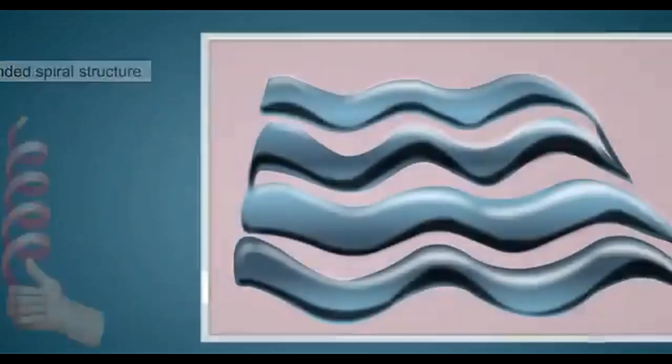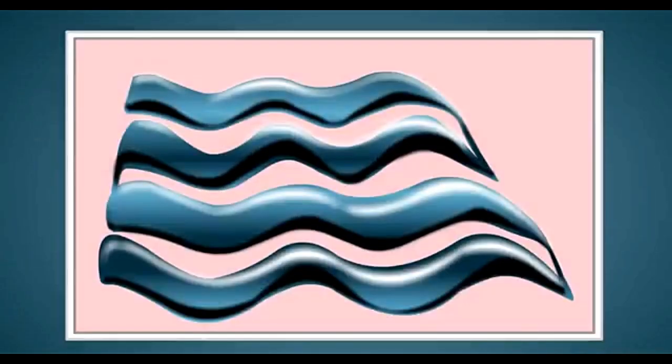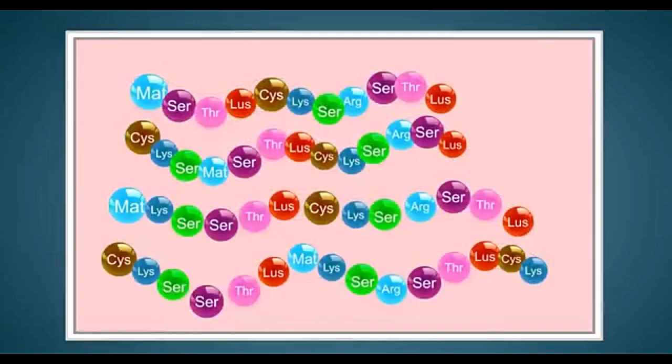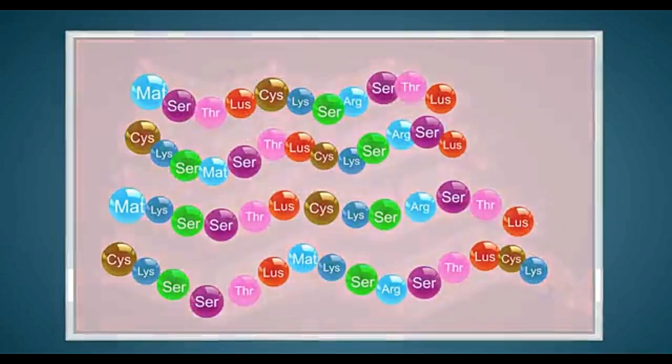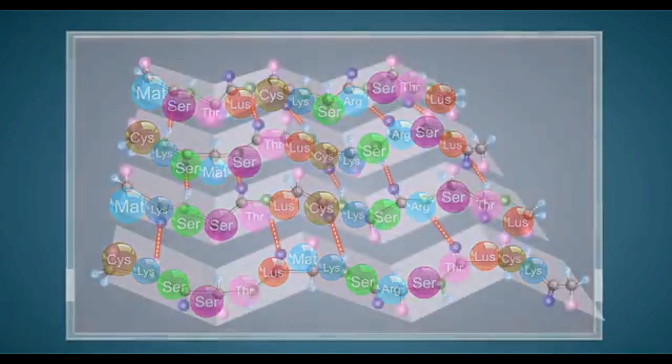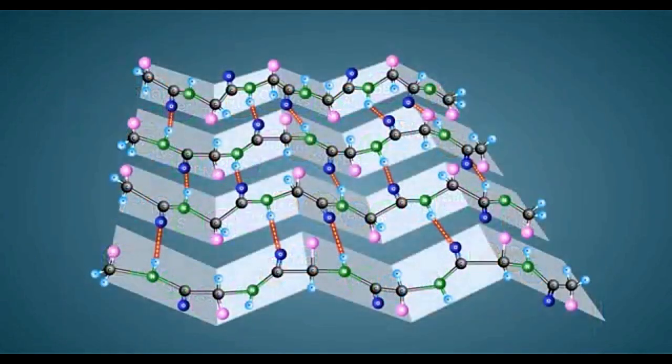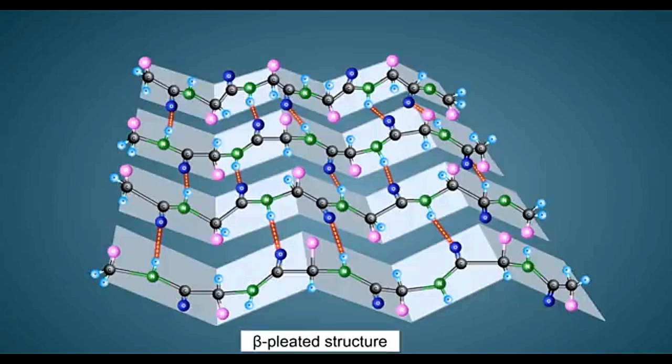Another type of secondary structure is formed when the polypeptide chains are stretched to the maximum extension and are then so folded that different strands lie alongside each other. This type of structure is called the beta-pleated structure. The different strands are held together by intermolecular hydrogen bonding between the amino acids of two different strands.